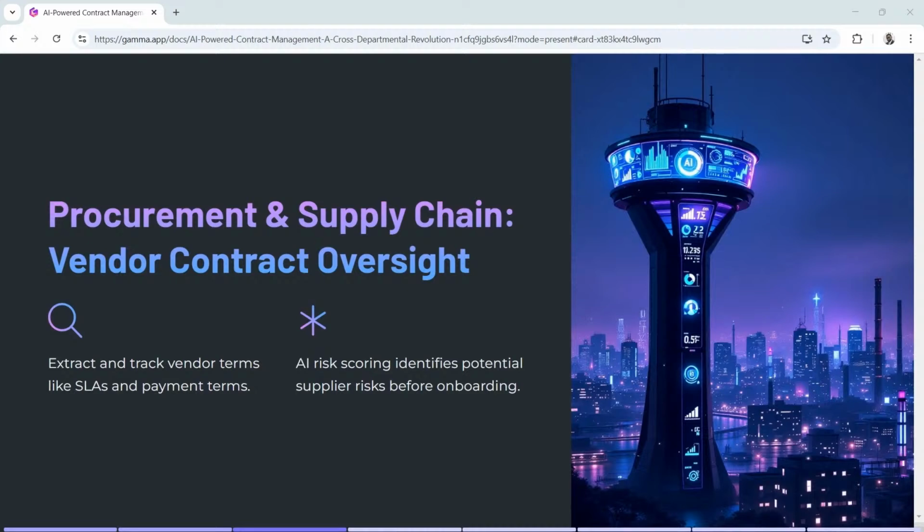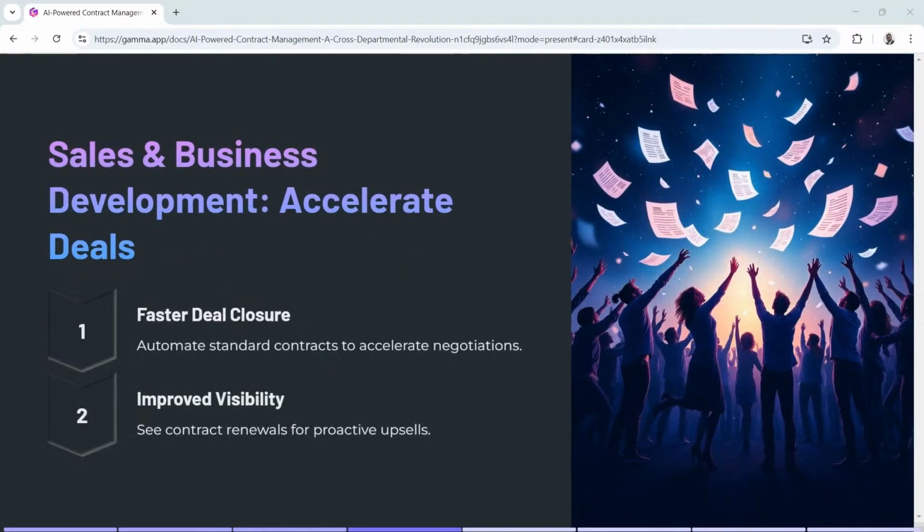You can see that procurement and supply chain can really benefit from this, really just highlighting the vendor terms and the supplier that they're dealing with, making sure they're holding their feet to the fire on the SLAs and risk scoring, things along those lines. Again, this is the spirit of the contract, to make sure that we as an organization can execute the contract and we're not distracted by the letter and the details of it.